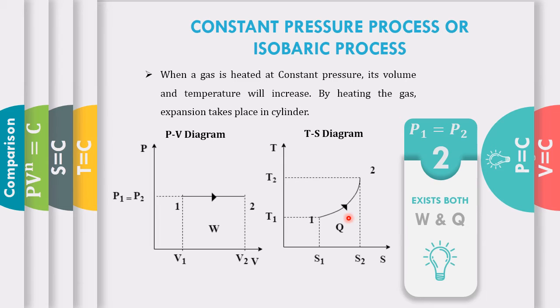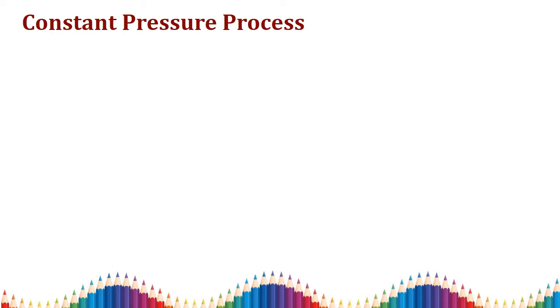Thereby both work done and heat transfer exist in a constant pressure process. The condition for the constant pressure process is P1 is equal to P2, if the initial state is 1 and the final state is 2, and it exhibits both work done and heat transfer in the isobaric process. That's all about the basic principle behind the constant pressure process.